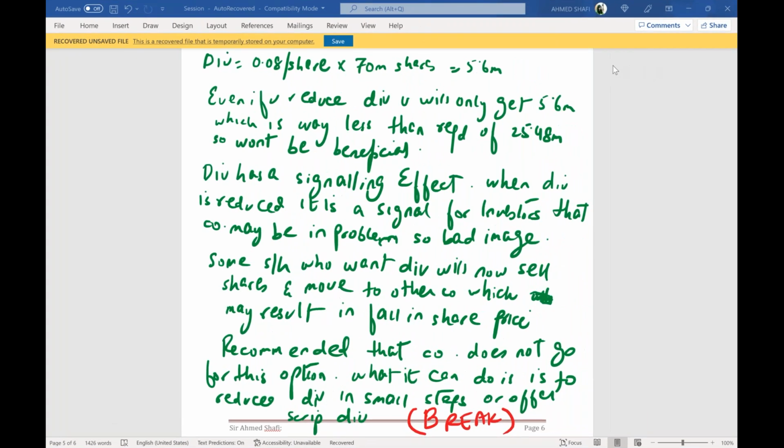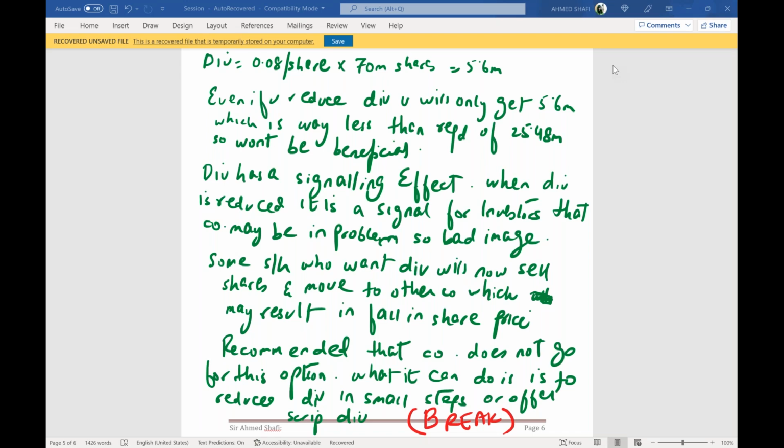Okay, we are resuming now. First, let me see which questions we have. Okay, since you are issuing loan notes now, loan notes don't increase the number of shares, right?